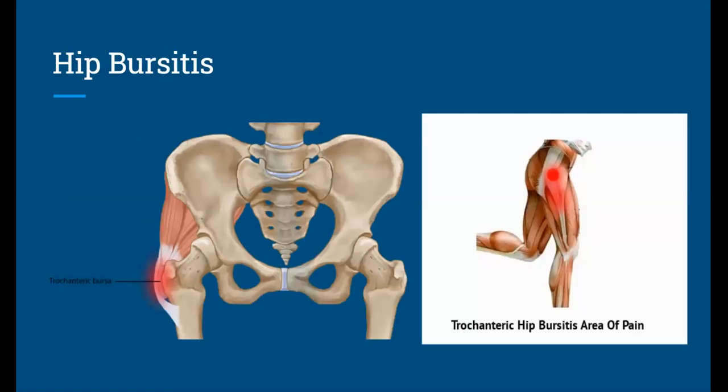Then this is hip bursitis. So that thing you see there, the trochanteric bursa, that's like a muscle on the head of your femur.